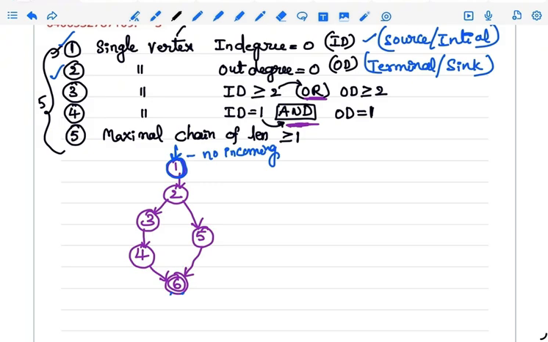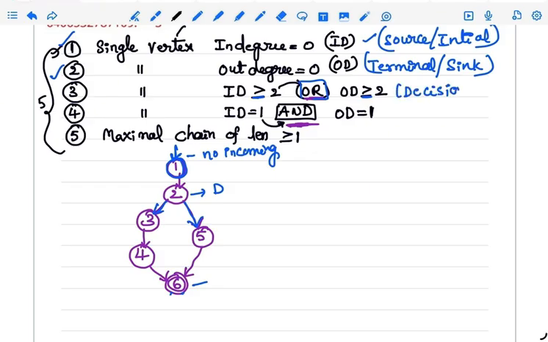This condition is a single node with in degree greater than or equal to 2 or out degree greater than or equal to 2. Here node 2 is the decision node. Node 6 is not a decision node. Node 2 is the only decision node. Here in a decision node, in degree is greater than or equal to 2, equal to 2 is also possible. These are decision nodes.